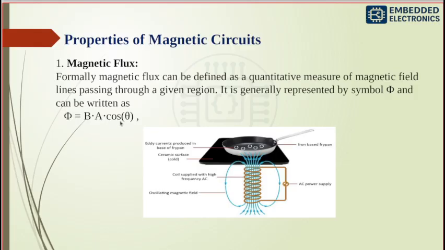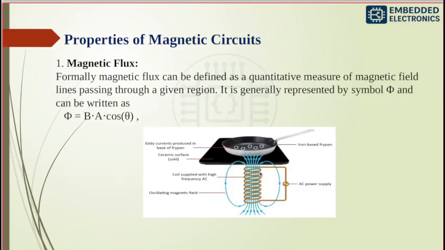So this picture shows how an induction cooktop heats a pan using electromagnetic induction. Here we have the AC supply and this is the coil. The alternating current flows through the coil below the cooktop.